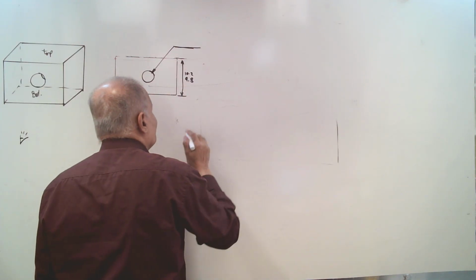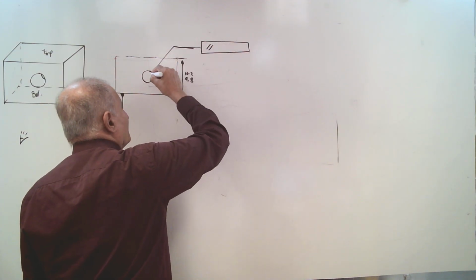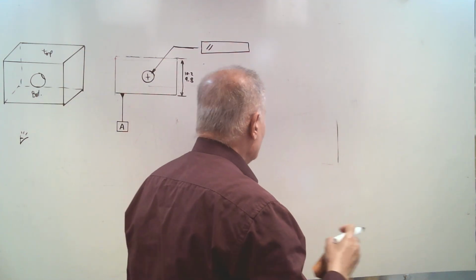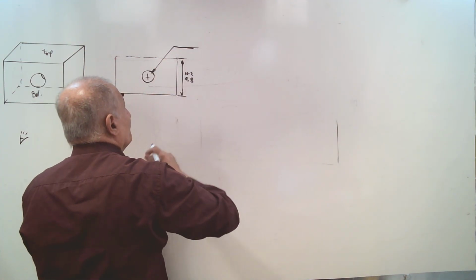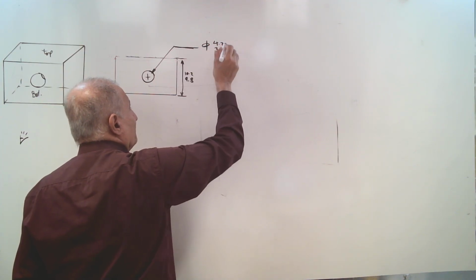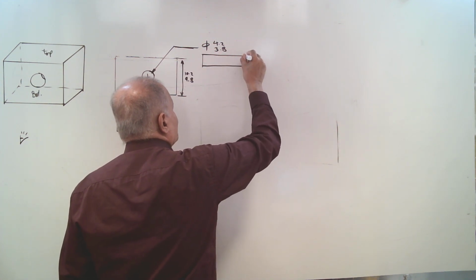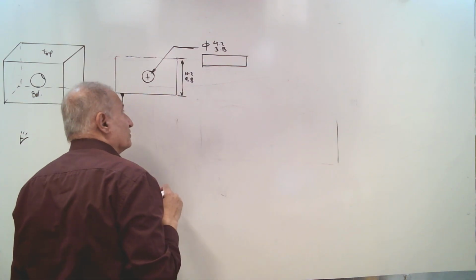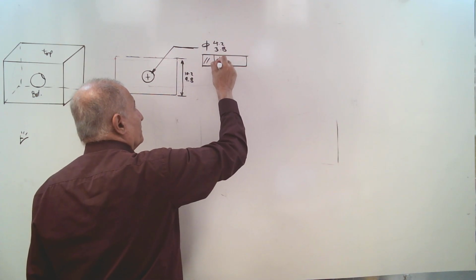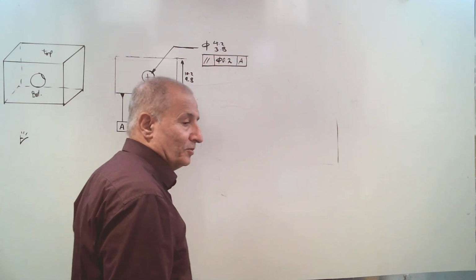This is the datum. I apply parallelism for the axis of the hole. And let's show the size. Phi is 4.23.85. And then the orientation control underneath the size. Parallelism, phi modifier, 0.2 with respect to datum A.